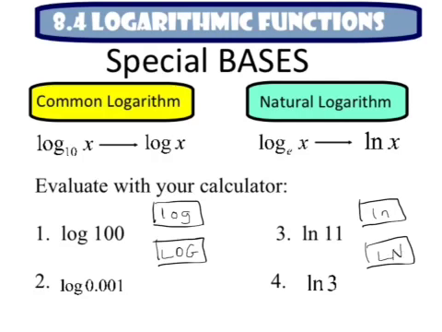You can plug these into your calculator only if they have the common logarithm, log base 10, like these do, and you'll find that the answer to number 1 should be 2 when you plug it in, and number 3, the answer should be -3. And then the natural logarithm, you have to type that in.